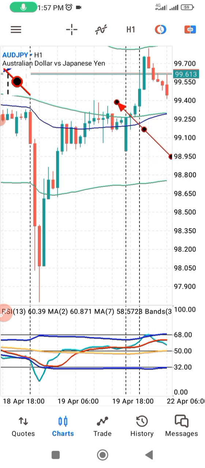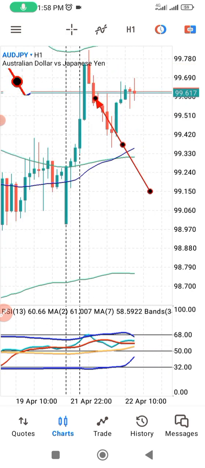And then afterward, what happened? The price pulled back and went and closed above the moving average, which gave us a pin bar formation. So at this pin bar, you make your entry and you are good to go.